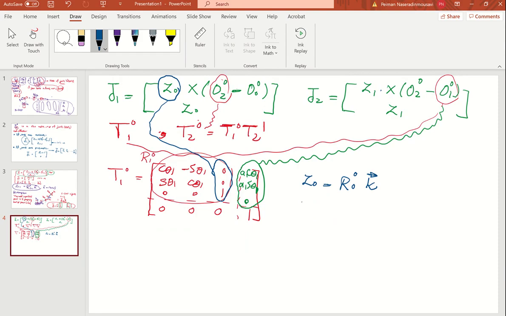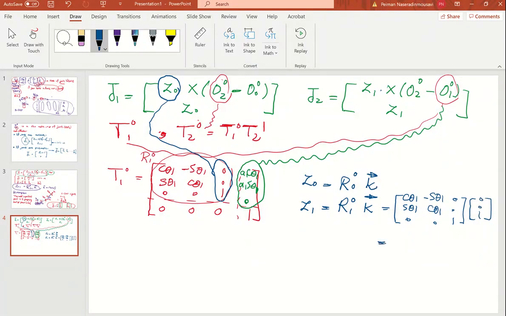And now Z1 is R1 with respect to 0 times k. So this is R1 with respect to 0. I'm just putting it here, guys. Cosine theta 1, sine theta 1, 0, minus sine theta 1, cosine theta 1, 0, 0, 0, 1. Times k, and your k is 0, 0, 1.